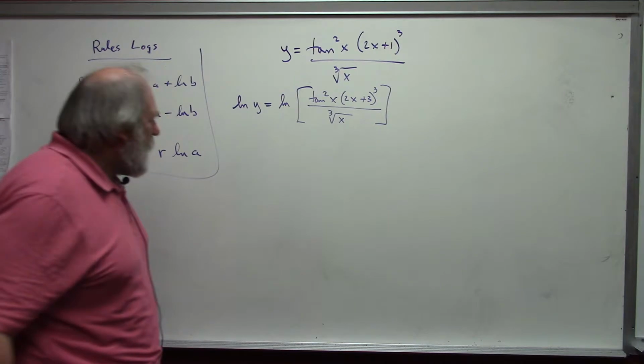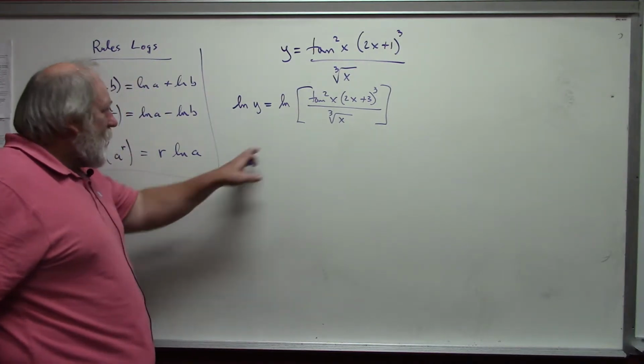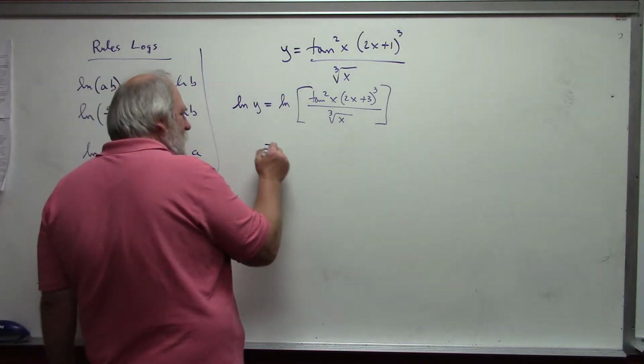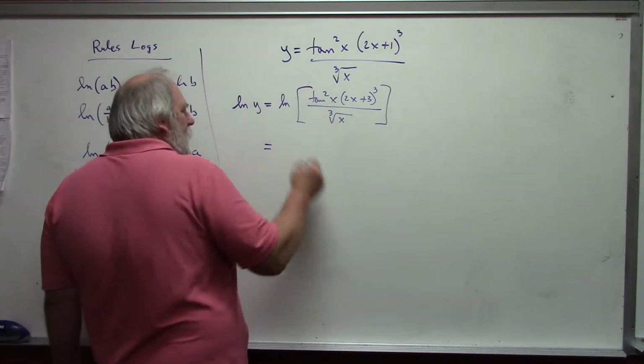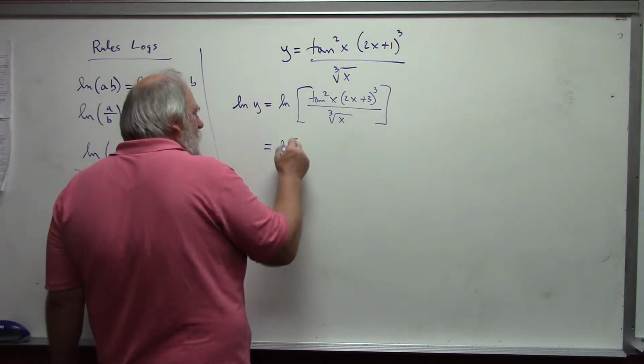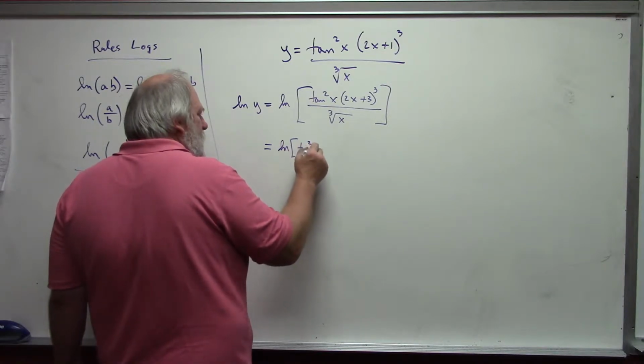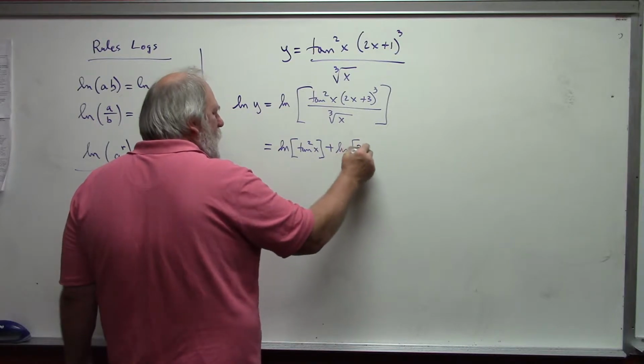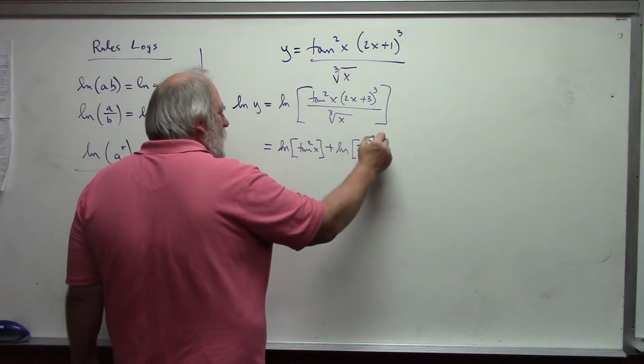With that, I can break this apart using my rules of logarithms. This is going to become the natural log of tangent squared of x plus the natural log of (2x plus 3) cubed.